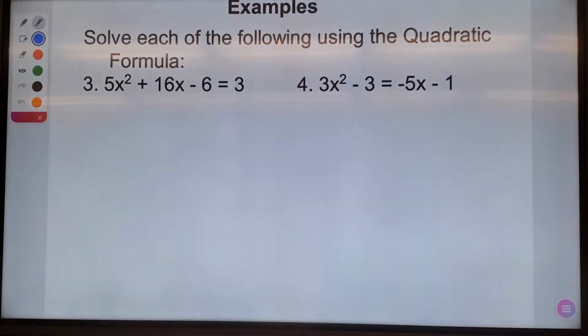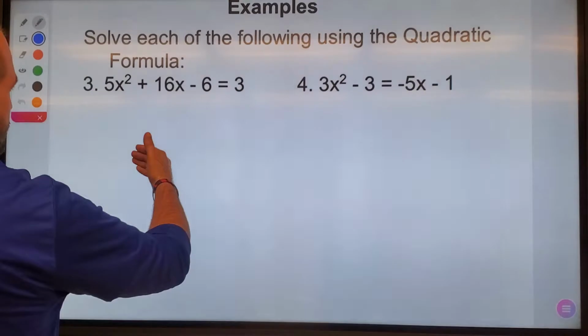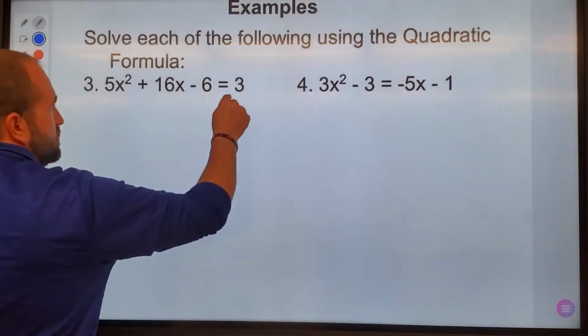Again, now we're going to look and see that these problems are either A, not in standard form, or B, are not set equal to 0, or both. So here on the left side, on number 3, I'm going to have to move that 3 from the right side of the equation to the left side. So I'm going to subtract 3.